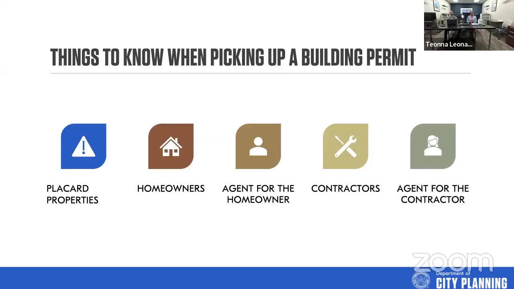So that's a big, big difference that a lot of people don't realize. When a property has been placarded, that placard is issued by the Atlanta Police Department Code Enforcement. In order for you to demolish or fix, reconstruct, rebuild, repair, do anything to a placarded property, a placard release letter is required before we can issue the permit.